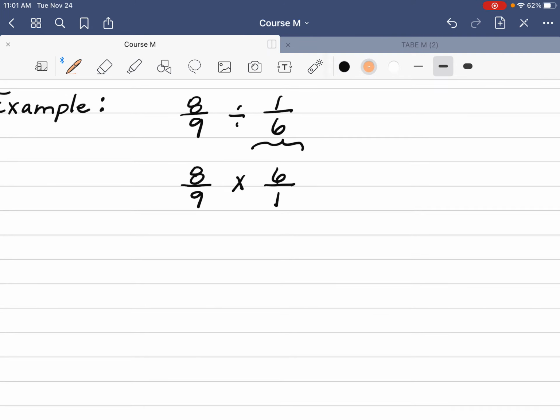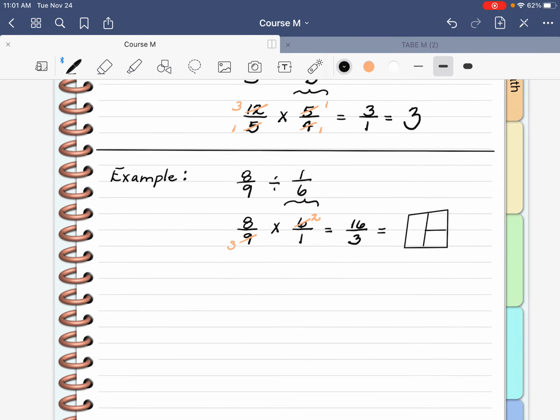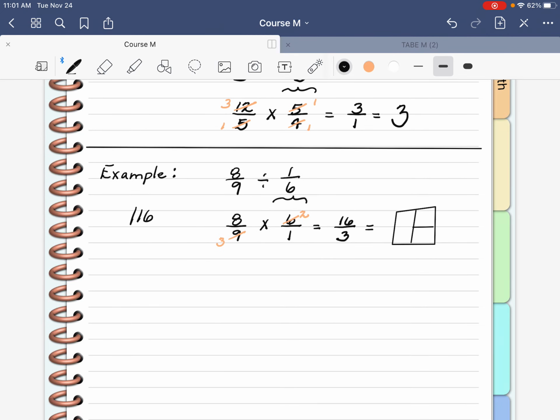I can cancel the 6 and the 9 using a 3. Top times top, bottom times bottom, and this one has to QRD. Let me come over here. 16 divided by 3 is 5 times, that's the quotient, with one remainder. 5 1/3. And that is already in lowest terms.